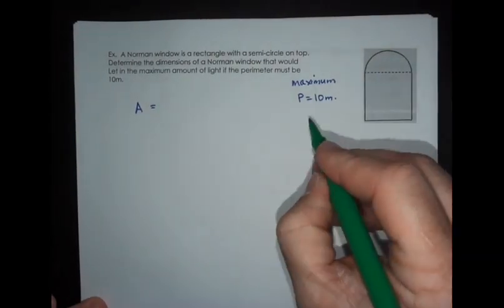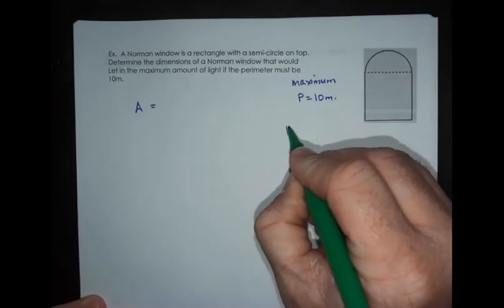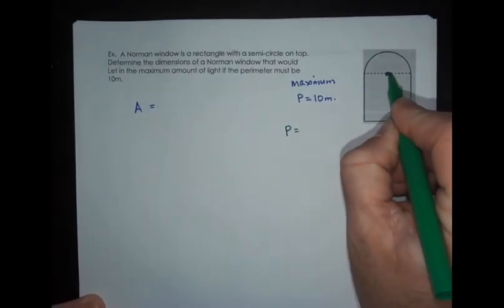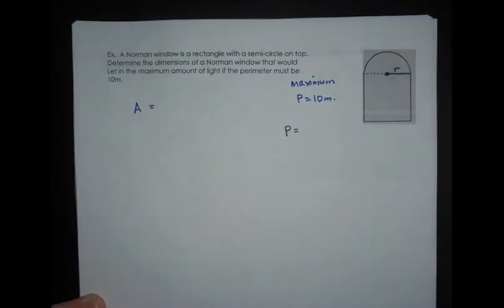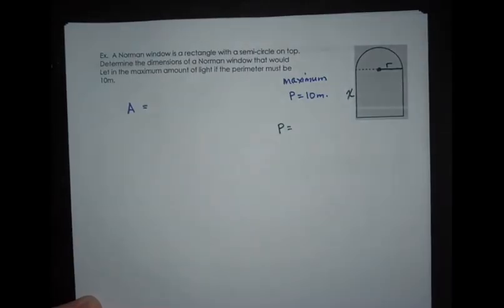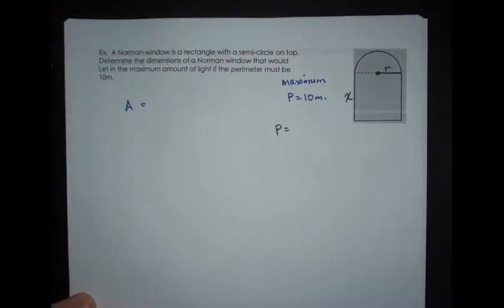Well, if we were looking at the perimeter of this shape, all right, we know that that is the radius. And what we're going to do is try to figure out what x is. We're going to figure out how far up or down this is.